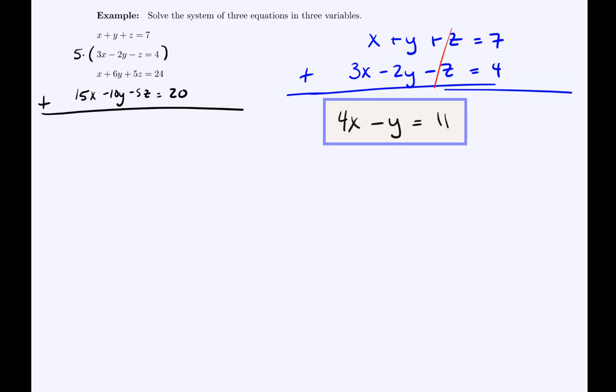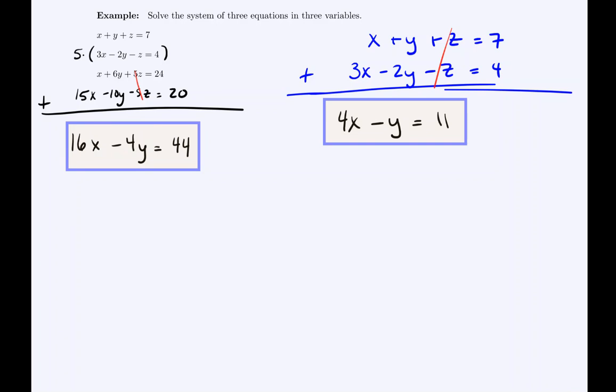We can add that to this equation and we would get that the z's cancel. And we would get 16x minus 4y equals 44. So we have 2 equations in 2 variables.